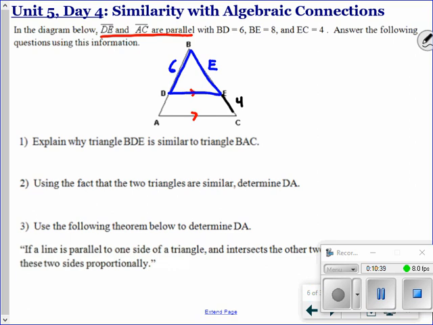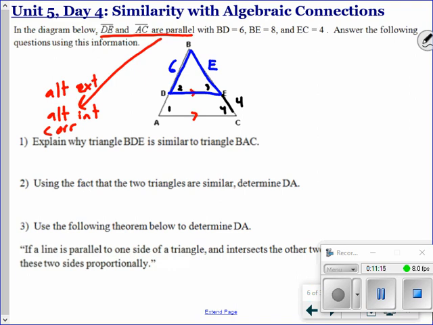I'd like you to stop and figure out why these two triangles are similar to each other. If you haven't stopped yet, my hint to you is it has something to do with parallel lines. We could have alternate interior, corresponding, alternate exterior, or same side interior. So I numbered my angles.